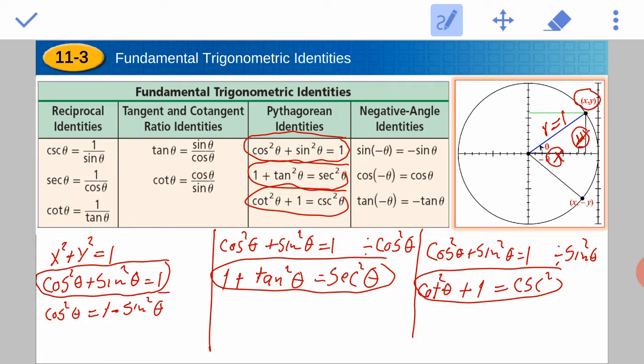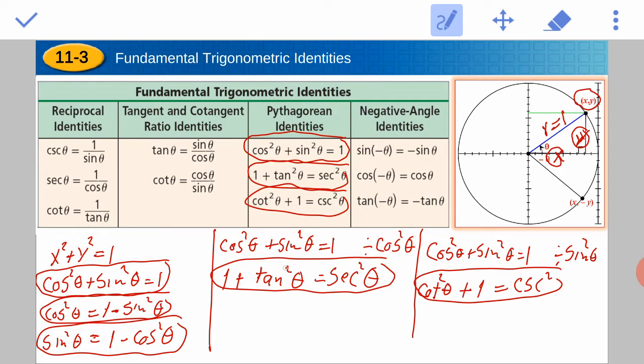This is another form from the first identity. If you want to isolate the sine squared theta, sine squared theta is equal to 1 minus cosine squared theta. So whenever you see 1 minus cosine squared, you can replace it with sine squared theta. It's the same idea or the same identity but different form.